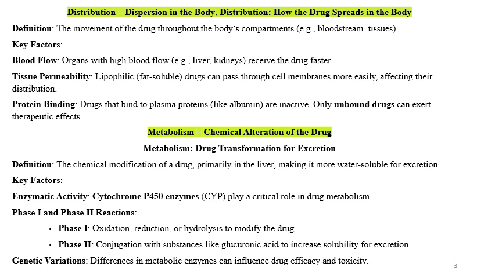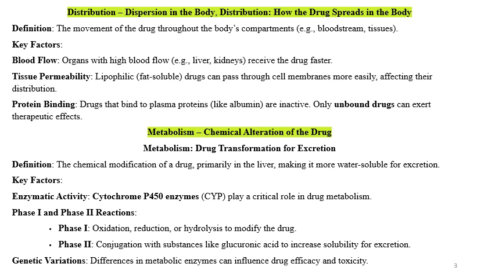Coming to the next step of ADME, that is D for distribution. Distribution is nothing but dispersion in the body, or how the drug molecule gets spread in the body. The movement of the drug throughout the body compartments, like the bloodstream and the tissues, is called distribution.